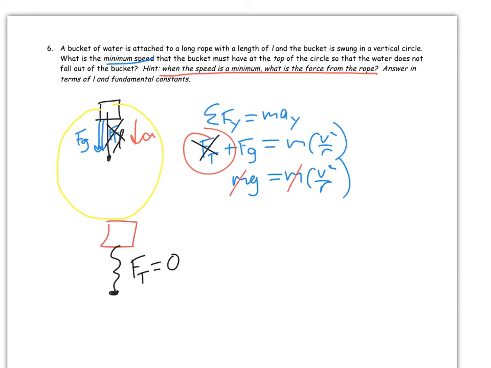Our masses cancel out here, and we can solve for r in terms of L, the length of the rope, which is the radius of our circle, and fundamental constants. So I can just say g times the radius equals v squared. The radius is L, so g times L equals v squared, which means my velocity is the square root of g times L.